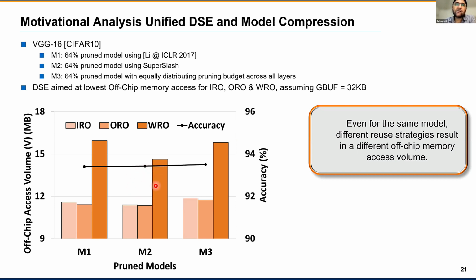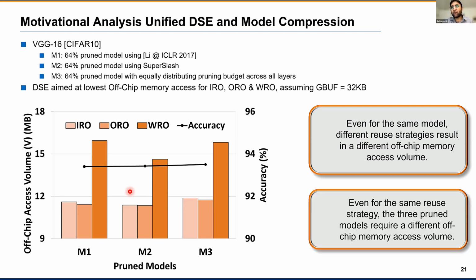Now, this is something which everyone expects, and it's not a very novel observation. But the most important one is that even for the same reuse strategy, these three pruned models require a different off-chip memory access volume.